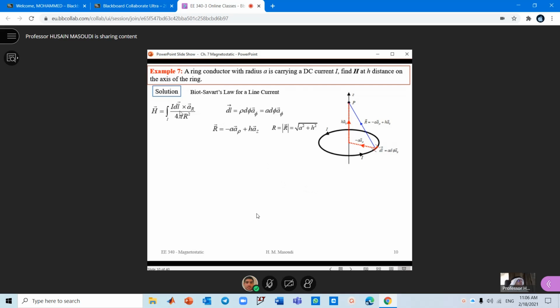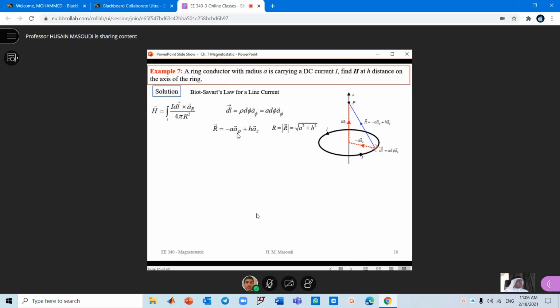Yes. Right. Okay, now do the cross product between dl that we get in here and R, because we have a cross product. So do a cross product between this one and this one. So a-phi cross with a-rho. No, cross product of unit vectors, a-phi cross with a-rho.